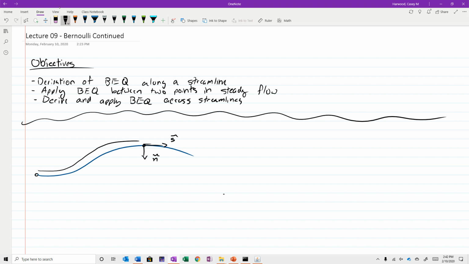And the distance along the streamline is defined by s of t. And then the curvature of the streamline at a given point is defined by its local radius of curvature, which we called script r.